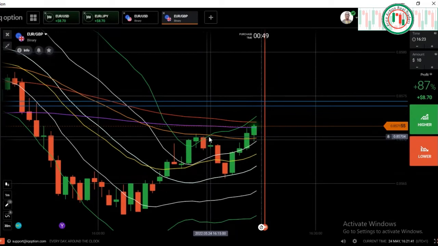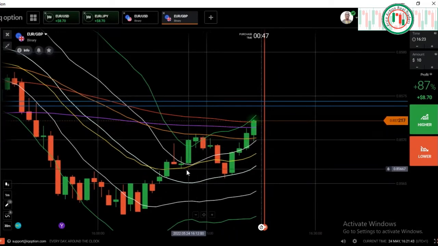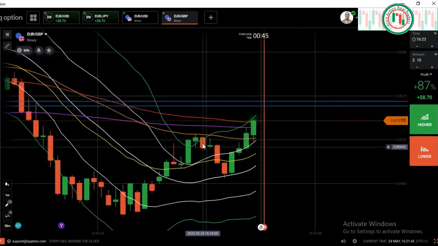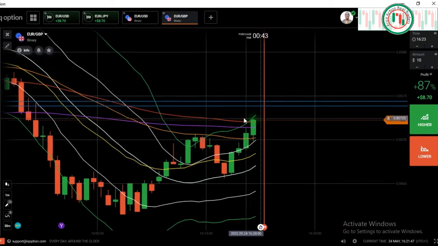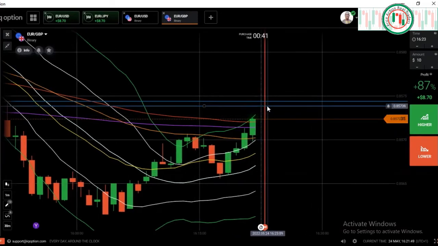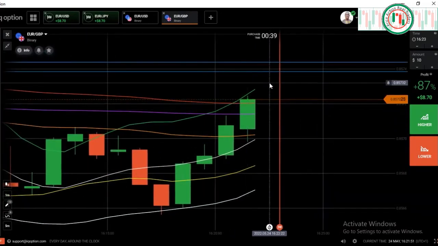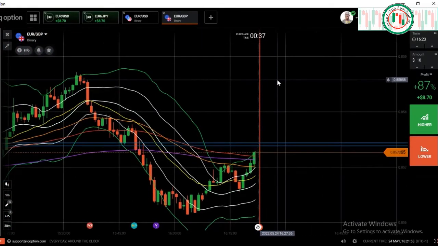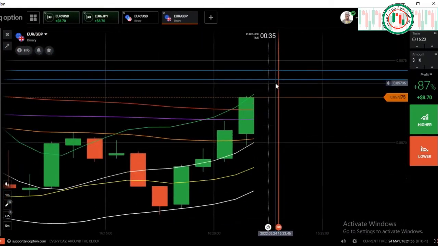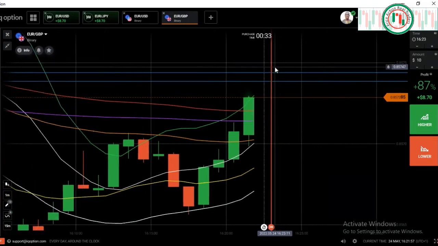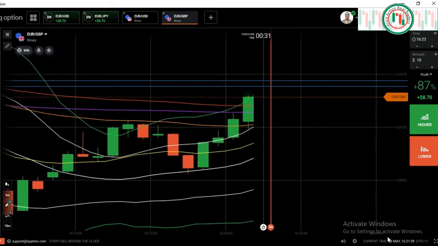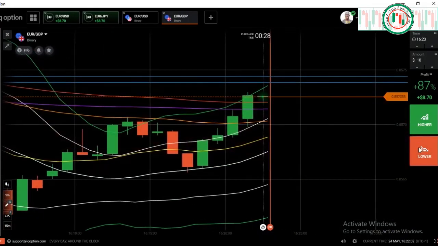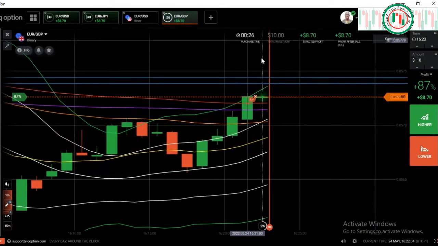See here, breakout of this zone. Yes, you see breakout, but strong trend. Trend is really strong. Yes, I will place put option.